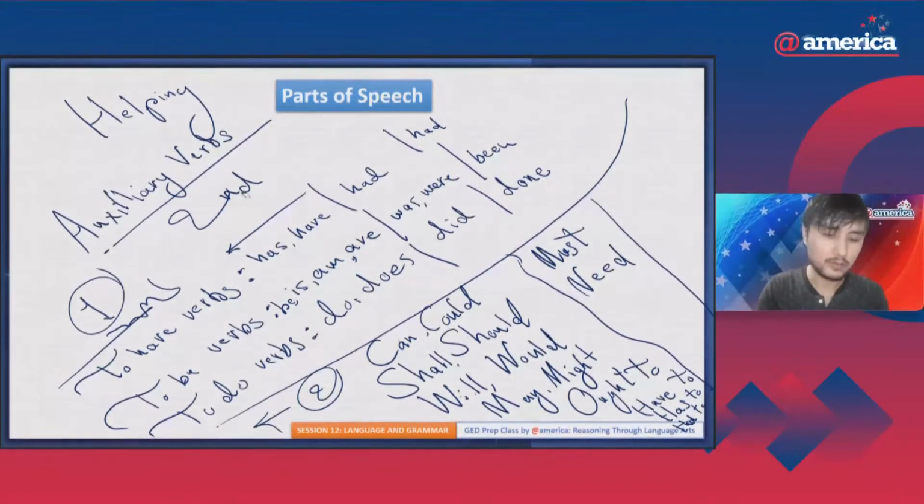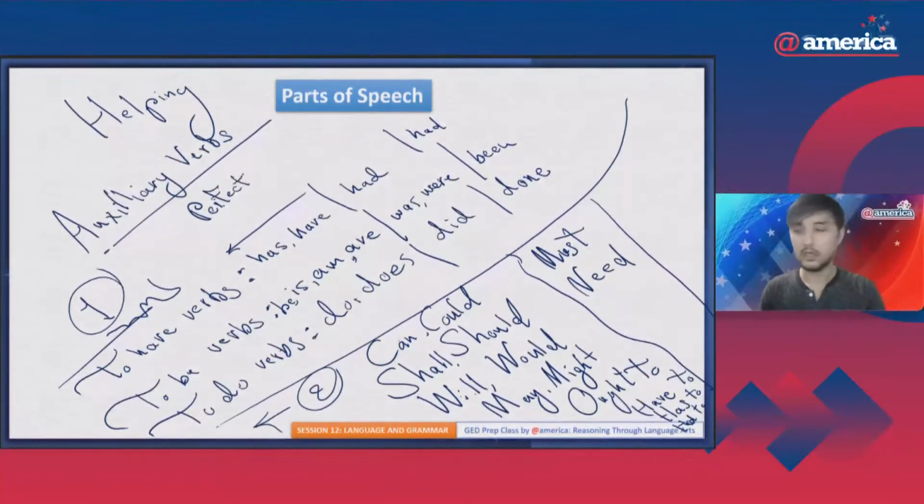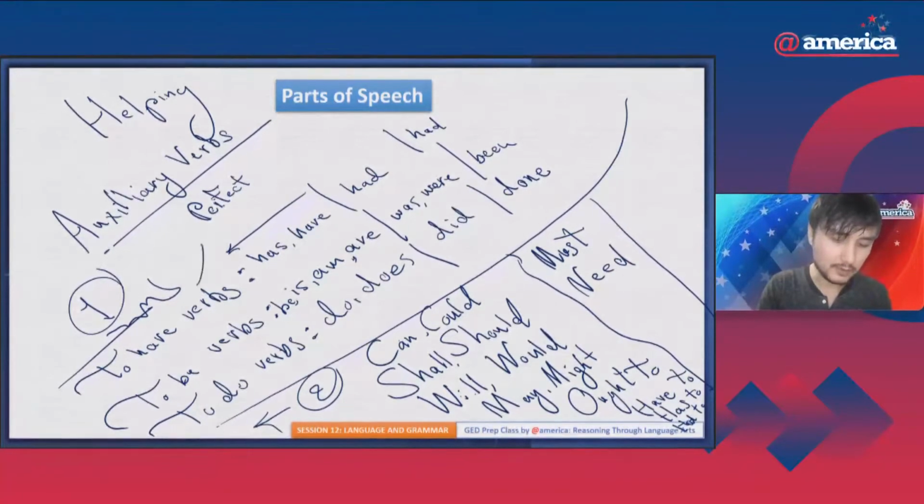So we use the present ones to have verbs for the present. You could say present perfect. You could say, I have done this. I have read this book. I have tried this training. And you use to have verbs for the perfect tenses.